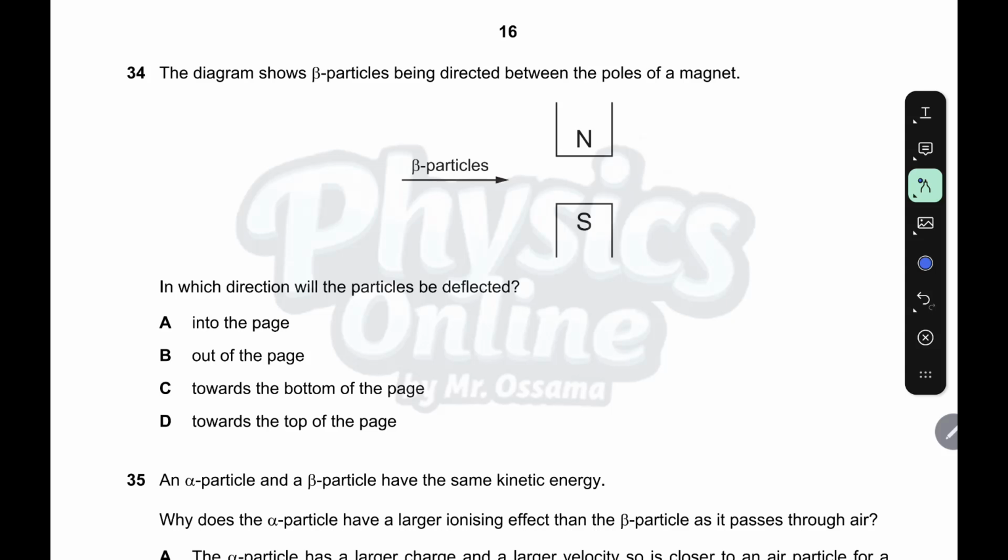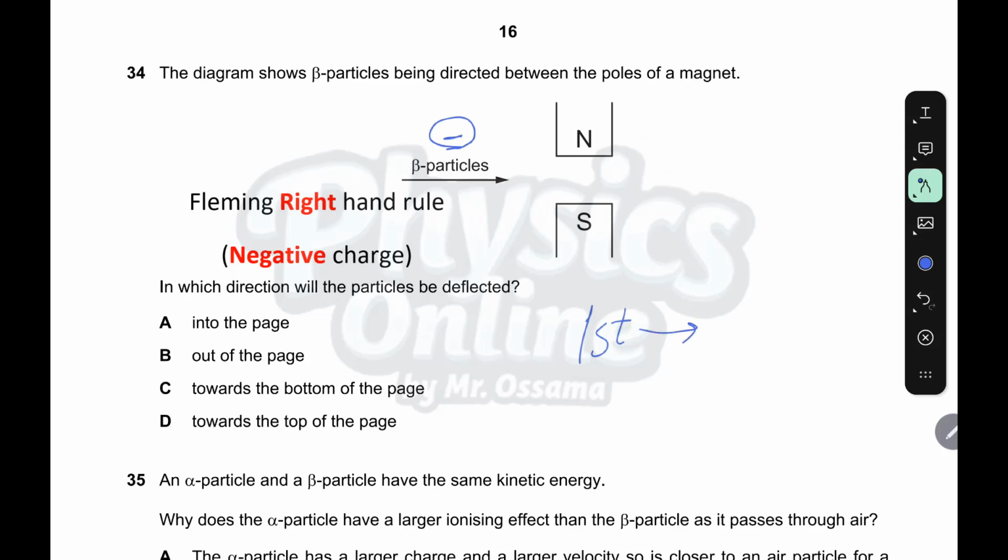The diagram shows beta particles being directed between the poles of the magnet. In which direction will the beta particles be deflected? Here, the beta particle is negative, so we'll use Fleming's left hand. The first finger is the direction of the magnetic field from north to south, so downward.